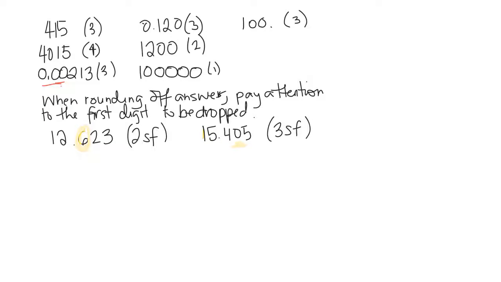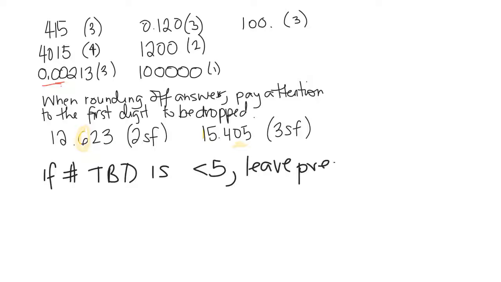There's rules. And I'm sure most of you know these. If the number to be dropped is less than 5, leave the previous number alone.